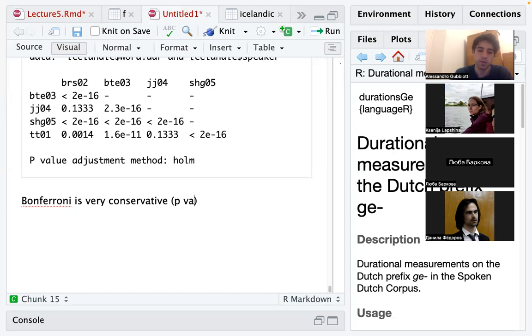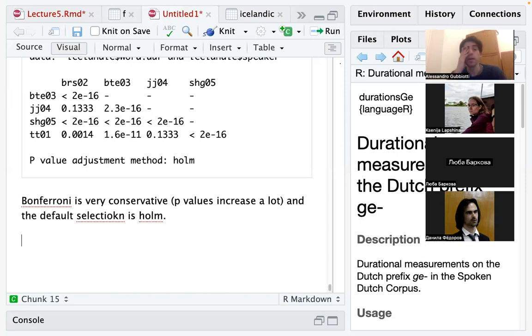P-values increase a lot, and the default selection is Holm.